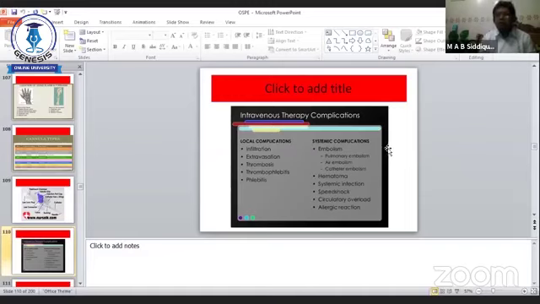The question may come in your OSPE: name three complications of the IV cannula. You may write an answer like this: thrombosis, thrombophlebitis, phlebitis, or systemic ones like embolism, hematoma, systemic infection, septic shock, circulatory overload, and allergic reaction.